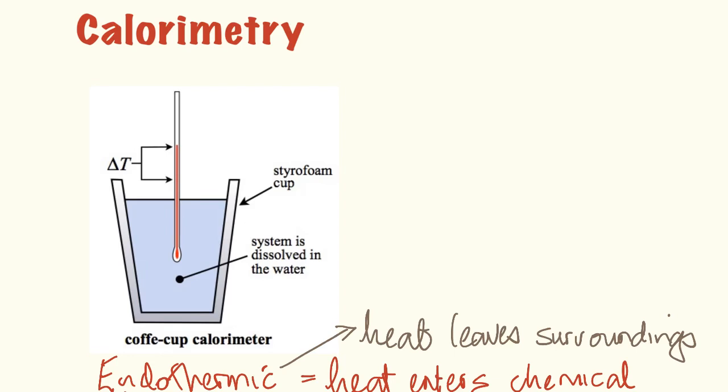So we can use what's going on with my water to tell what's going on with my chemicals. So the heat from the surroundings must be the same amount of heat that enters the chemical, because we had that equation before, remember it? E total equals E chemical plus E surroundings.